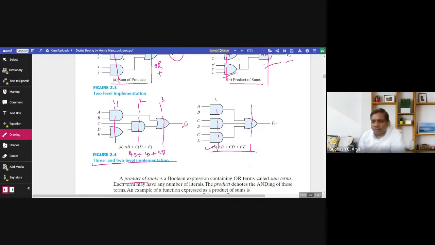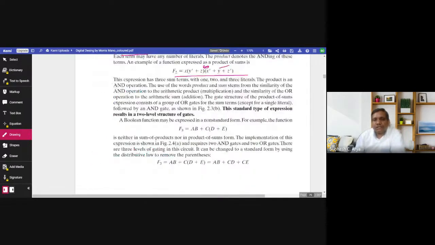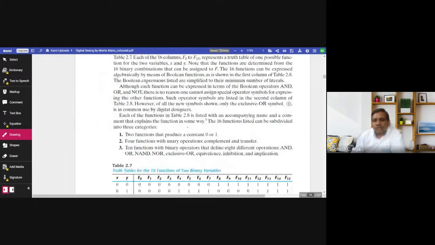So the output available at F3 in figure 2.4b is available faster than the output available in figure 2.4a. So this is how we can improve the circuit implementation. Now with this, let us move to other sections.